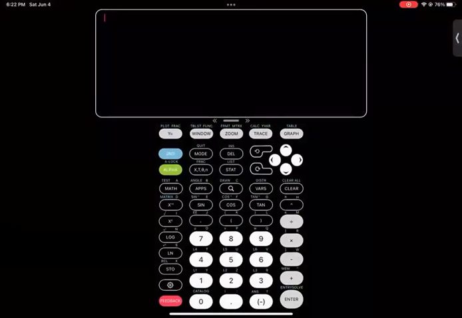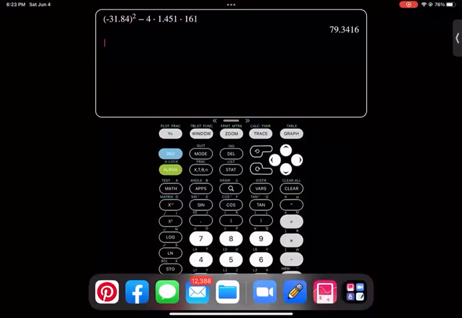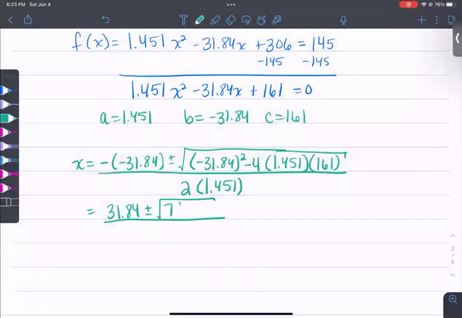So under the radical, we had parentheses negative 31.84, close parentheses, squared minus 4 times my A value times my C value. So 79.3416 is under the radical.